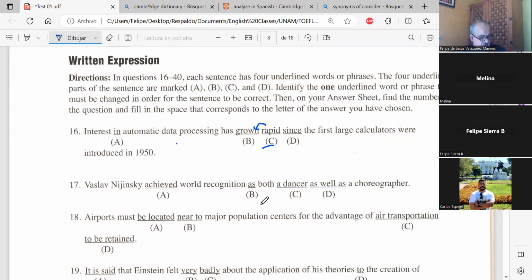And I tell them, do you know that we speak Spanish incorrectly? I gave you an example before, and I'm going to repeat this example for the people who were not here last class. I said, we speak Spanish incorrectly.